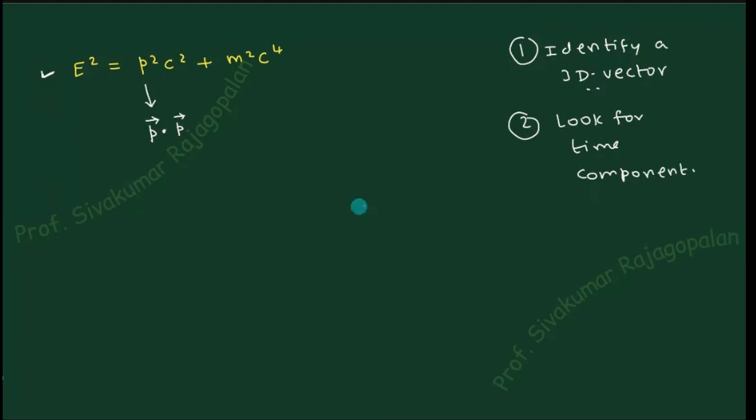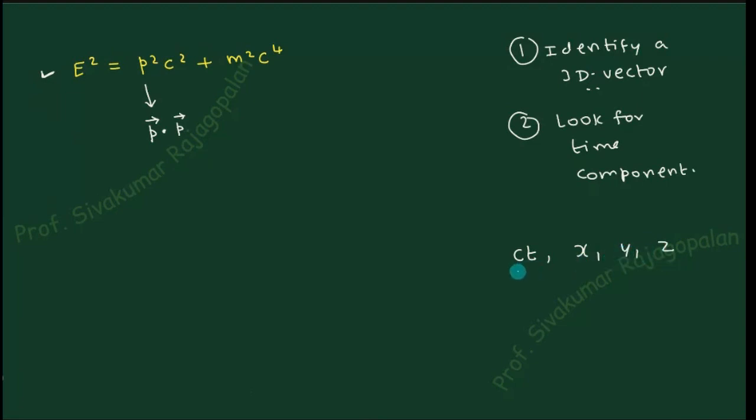And the second part is which quantity will be connected with the time. That is the question. The answer is usually the one with the C, because what you know till now is that the first element comes like CT, and the second, third, and fourth elements are the usual XYZ of the 3D Euclidean space.